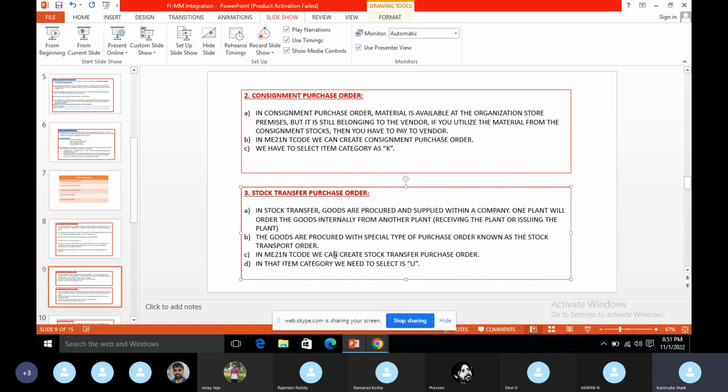The goods are procured with a special type of purchase order known as the stock transport order. The T code to create this stock transfer purchase order is ME21N, but we need to select the item category U, and the remaining steps will be the same to create the purchase order.